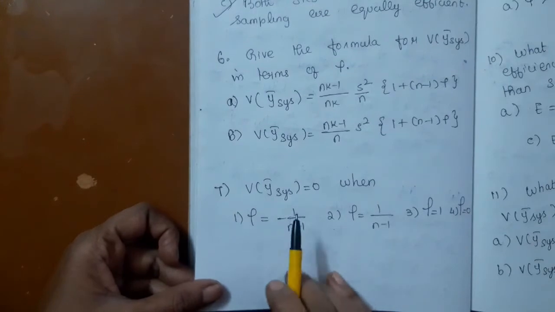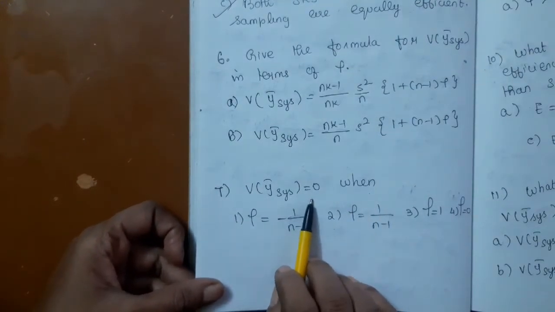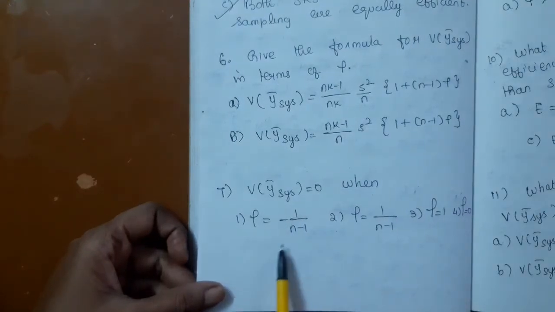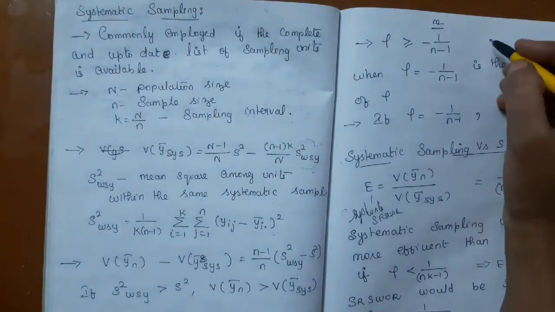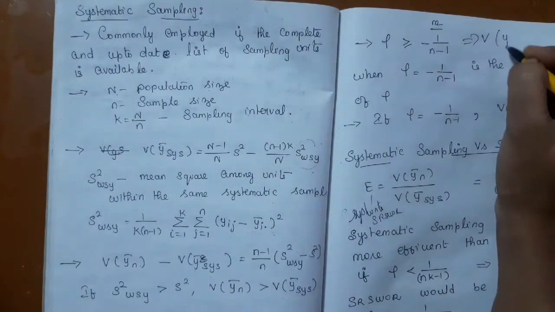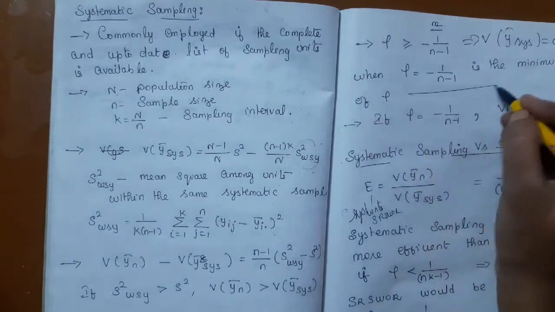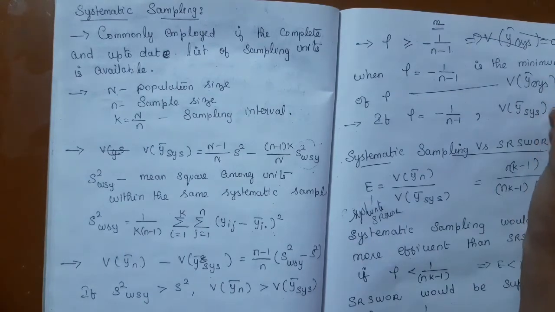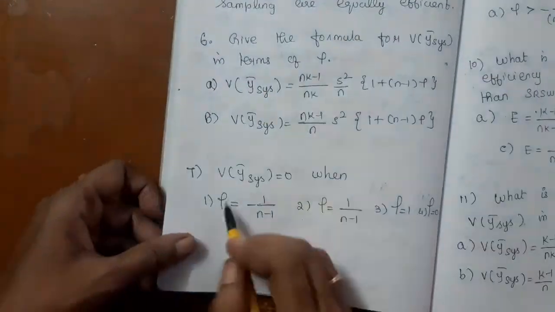Variance of y bar sys is equal to 0, when? For what value is it equal to 0? Variance of y bar sys is equal to 0 when rho is equal to the minimum value.